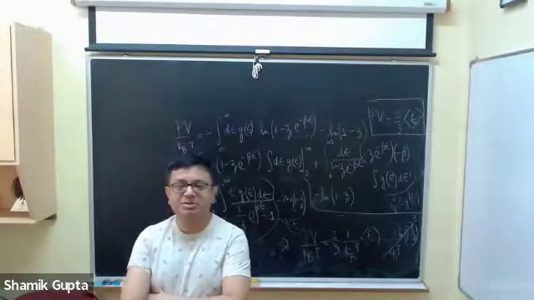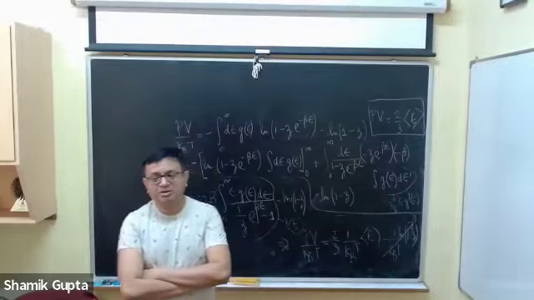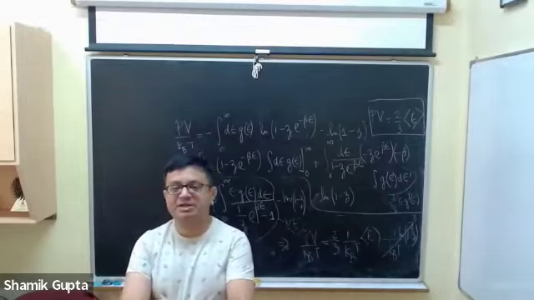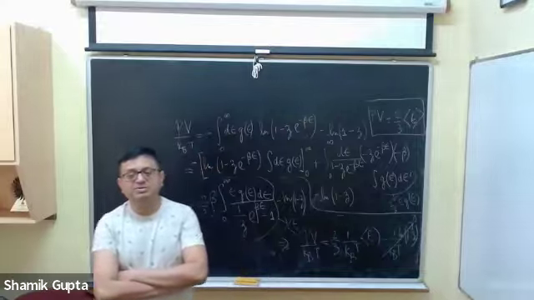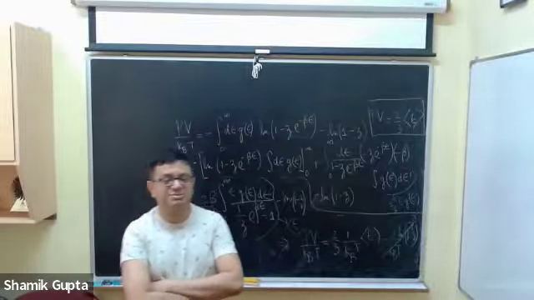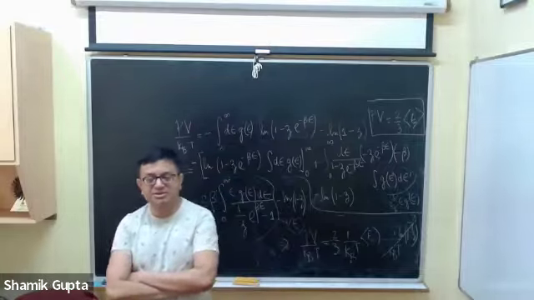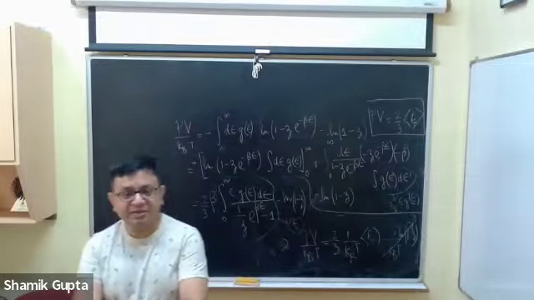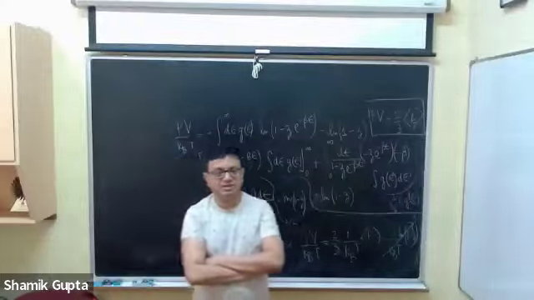We found expressions for pressure times volume by taking the log of the grand canonical partition function and multiplying it by kBT. We also found expressions for the average energy and the average number of particles in the system. And we did these calculations for both ideal Bose gas and ideal Fermi gas.